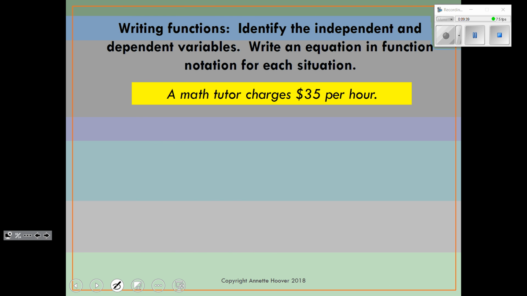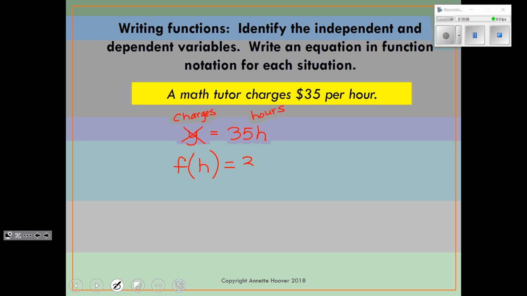A math tutor charges $35 per hour. The charges are $35 per hour, so the charges are dependent on the number of hours. Now for function notation, instead of writing a y, we're going to write f of whatever variable we had in the equation.